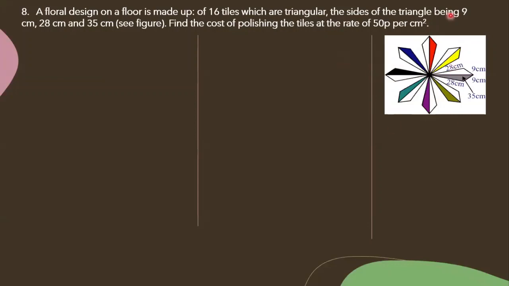You can all see 16 triangles here. So in one triangle measurement they gave 9 centimeter, 28 centimeter and 35 centimeter. They are asking, find the cost of polishing the tiles at the rate of 50 paise per centimeter square. First we need to find the... yes, Anmol. Anmol, any doubt, Anmol?